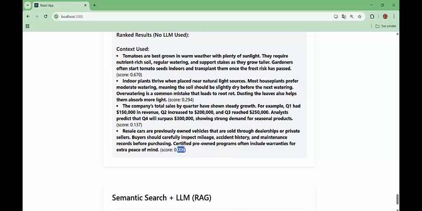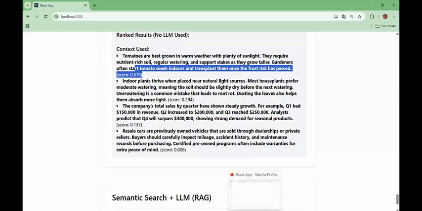You see, it is in last position because the score number is very, very small, very, very distant from number one, the distance from our prompt. And here is the data and the score of the data.